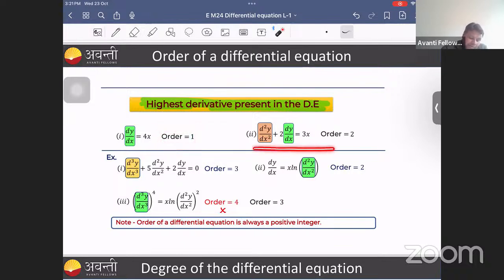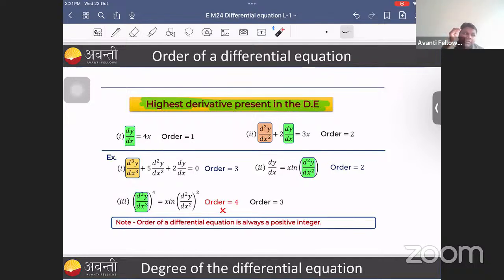Now, if you see this one, d2y by dx square is there. See, dy by dx is also there, but what is the highest order? That is 2. So this is a second order differential equation. If you see here, d3y by dx cube is there, so this is a third order differential equation. Got it? So the order of a differential equation is the highest order derivative available there.